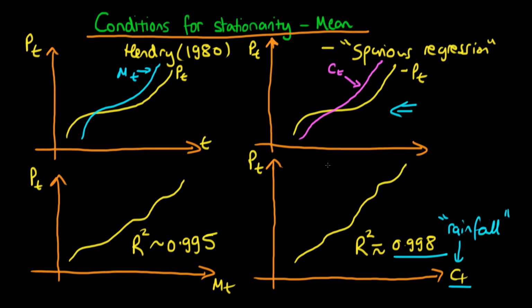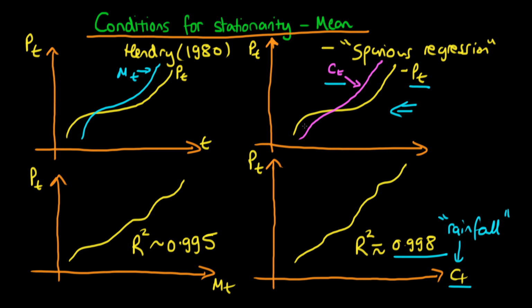It appeared like there was some sort of statistically significant relationship. And that came about because he was regressing one non-stationary variable, PT, on another non-stationary variable, CT. So this highlights the danger of regressing one non-stationary variable on another non-stationary variable, and it is a problem that we have to look out for in general.